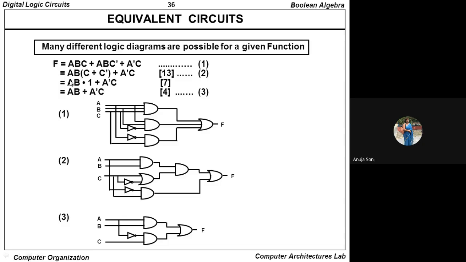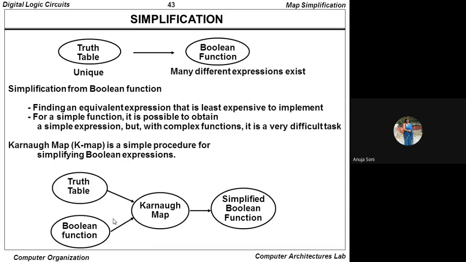Initially we have f equal to abc plus abc dash plus a dash c, and we reduce it. We take ab common, in between c plus c dash, plus a dash c. c plus c dash is equivalent to 1. This way ultimately we come up with ab plus a dash c. So the more we reduce the expression, the more we reduce the number of logic gates used in the logic circuit diagram.